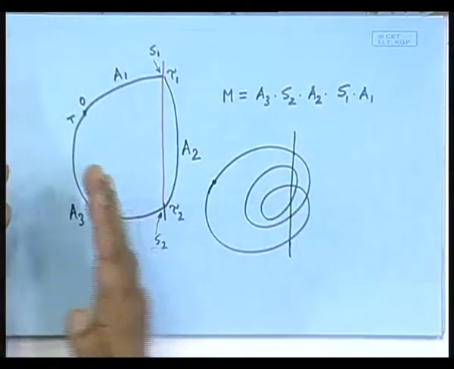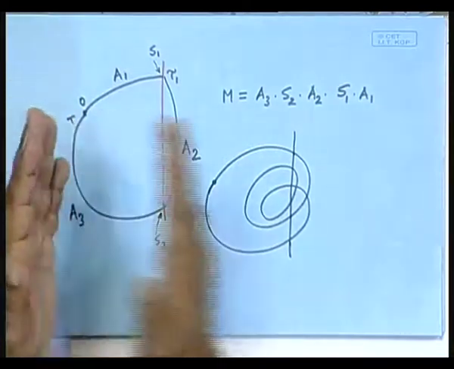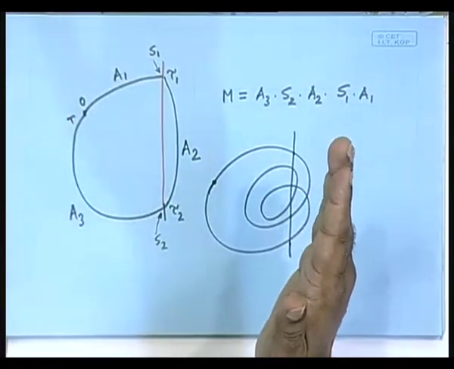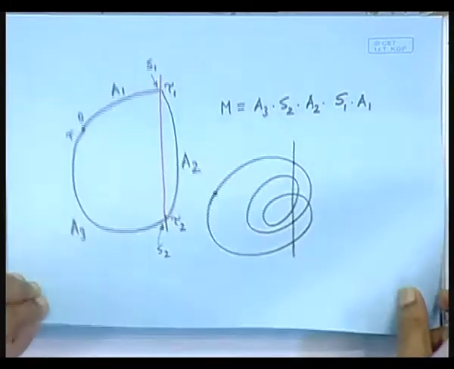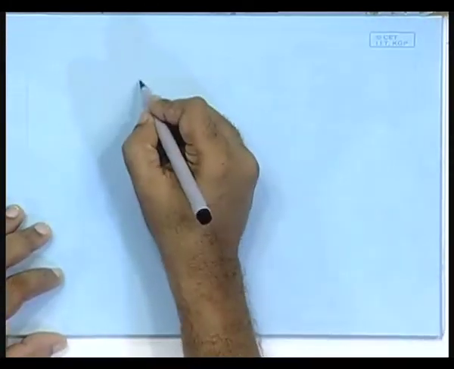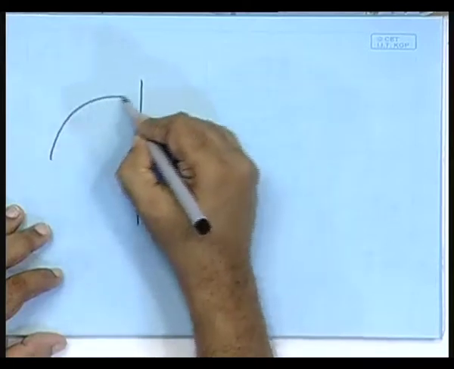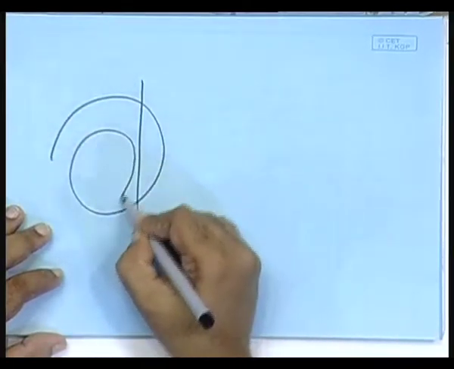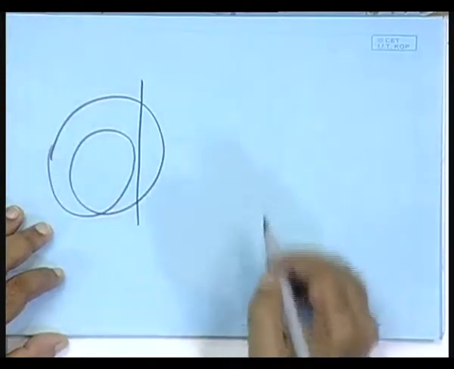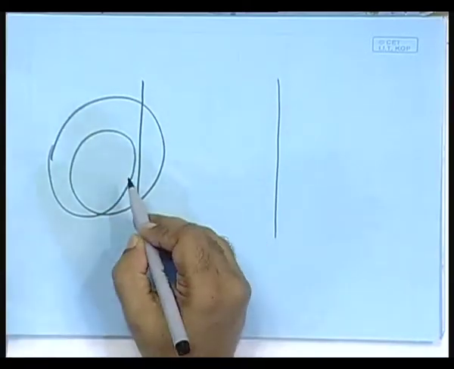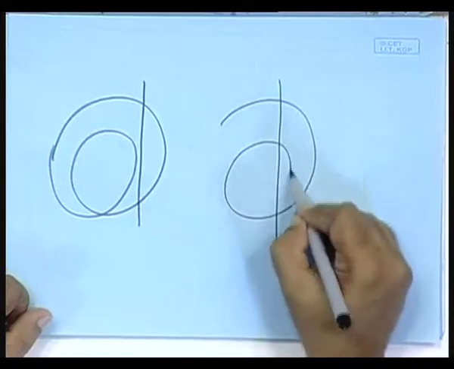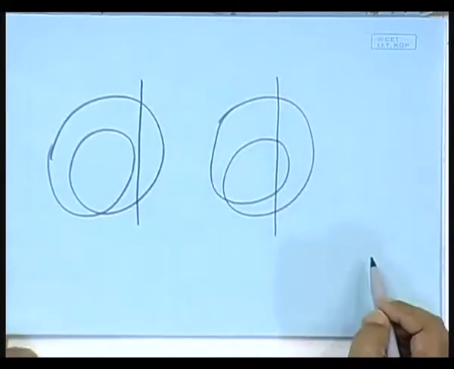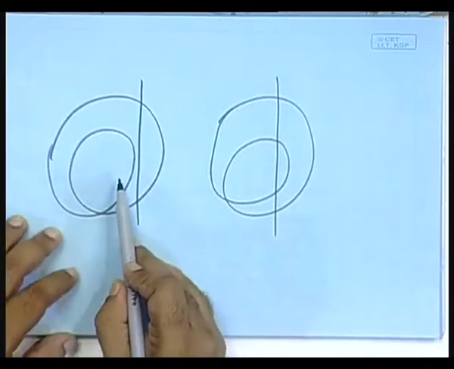So, when such an orbit crosses the switching boundary, that means if you imagine that there was an orbit something like this, and as you change a parameter it crosses and it becomes something like this, then there has been a change.